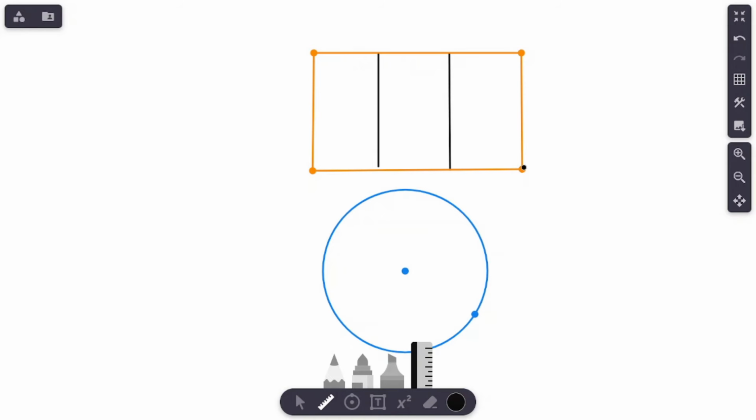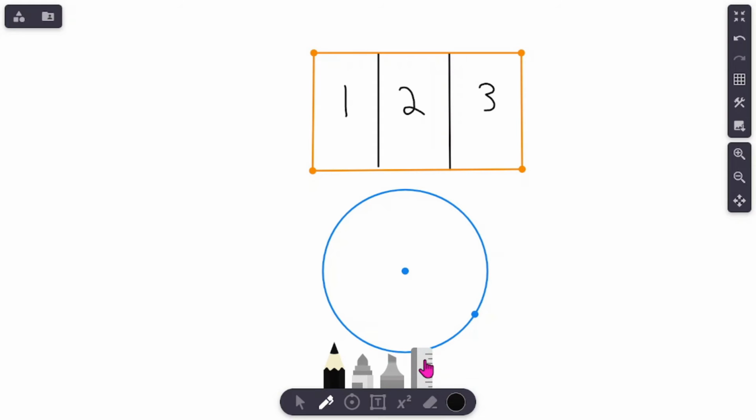How many sections did I just break that rectangle up into? Hopefully you're seeing three. One section, two sections, three sections. And notice, they are all the same size. Every single one of these sections is an equal size. This is equal to this one, and this is equal to this one.